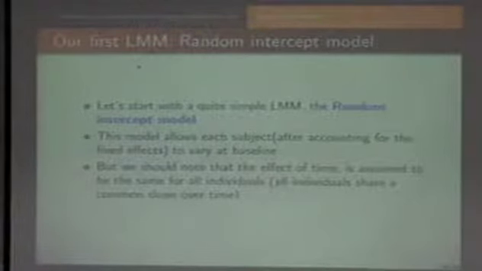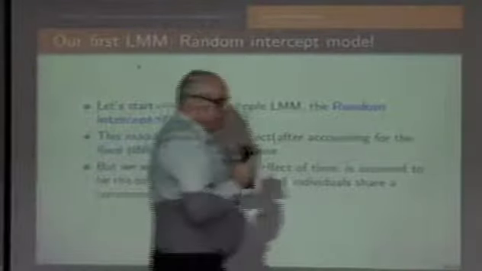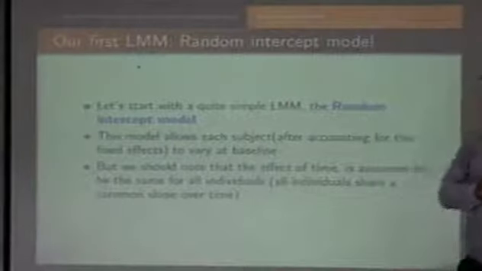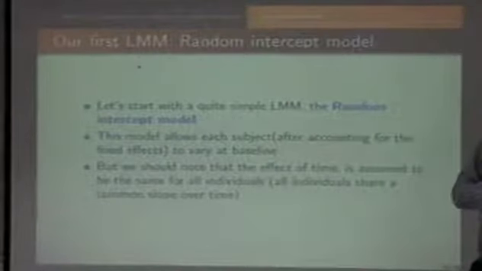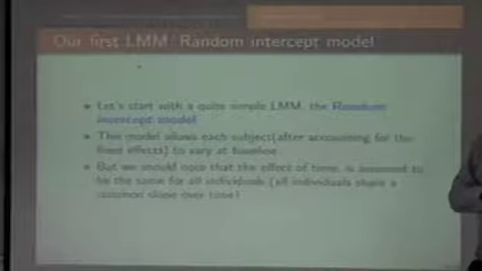They're allowed to have their own baseline reaction time, but their response to sleep deprivation is assumed to be exactly the same. We'll have a look at a graph and hopefully it'll make a little more sense. In other words, all of the subjects share a common slope, but they're allowed to have their own intercept.